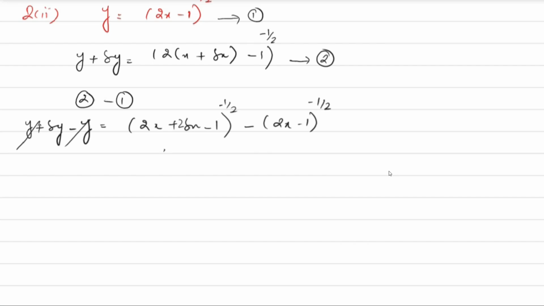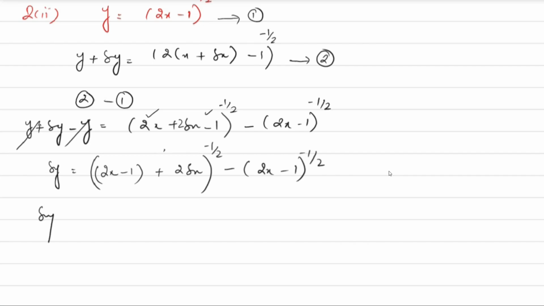So this y is cancelled with minus y, and if we are going to open it, it would be (2x plus 2 delta x minus 1) minus (2x minus 1) whole raised to power minus 1 upon 2. So delta y is equal to, if we are going to combine this and this, it would be (2x minus 1 plus 2 delta x) whole raised to the power minus 1 upon 2 minus (2x minus 1) whole raised to the power minus 1 upon 2.